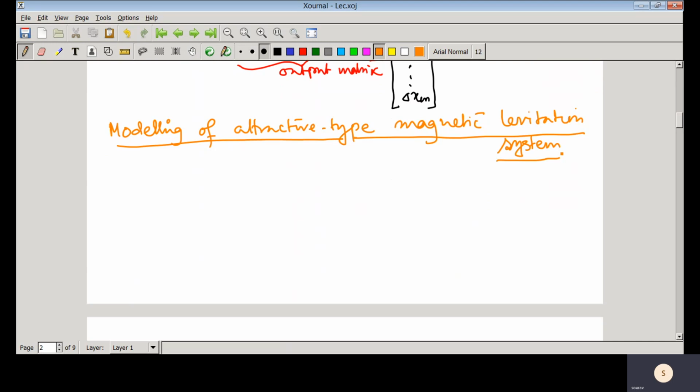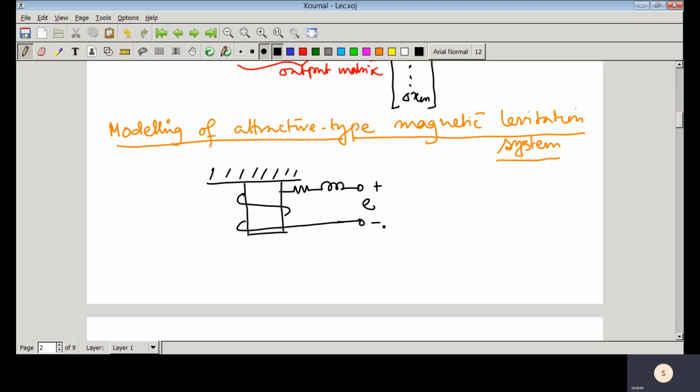This is the setup, the schematic diagram. Here you have the solenoid, and you have applied some voltage source here. Then this is the inductance, and this is the resistance.